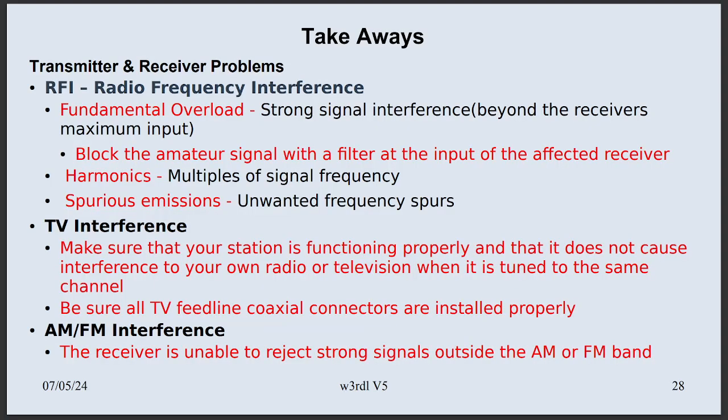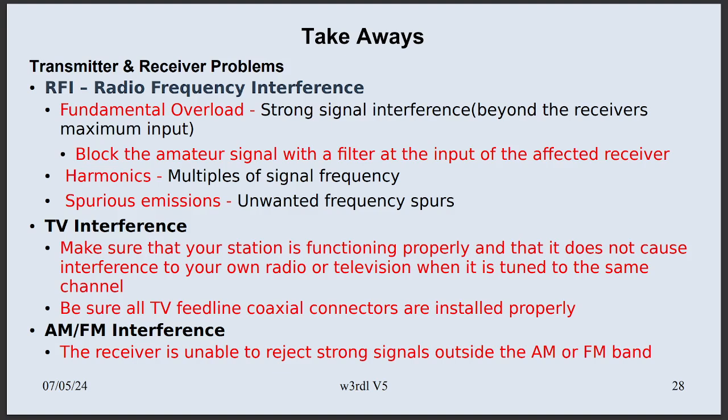All right, takeaways from this lesson. That one was a little on the short side. RFI, radio frequency interference. Fundamental overload: strong signal interference beyond the receiver's maximum input. Block the amateur signal with a filter at the input of the affected receiver.